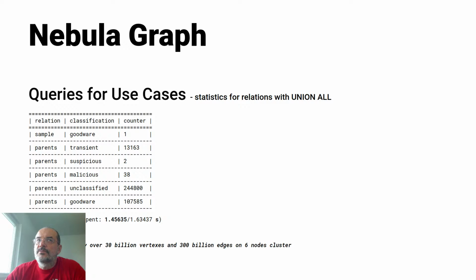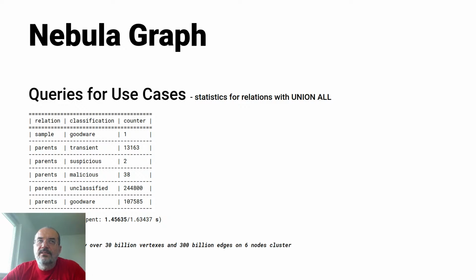And the response time for that query is actually good. It is 1.4 seconds, and it goes through all those relations, so hundreds of thousands of relations. And yeah, I put the note here. Yeah, it's 1.4 seconds.